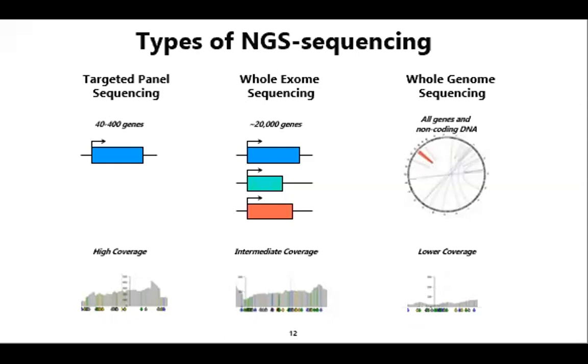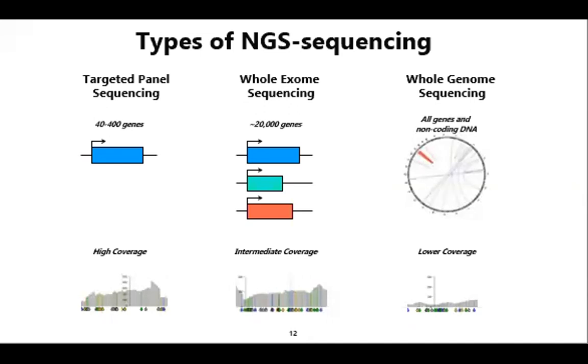Now, the whole exome sequencing, in order for us to get this clearly, it's on the large scale. Here, we can run a whole exome sequence which focuses on the protein coding genes. And it gives the broadest view of the sequence.